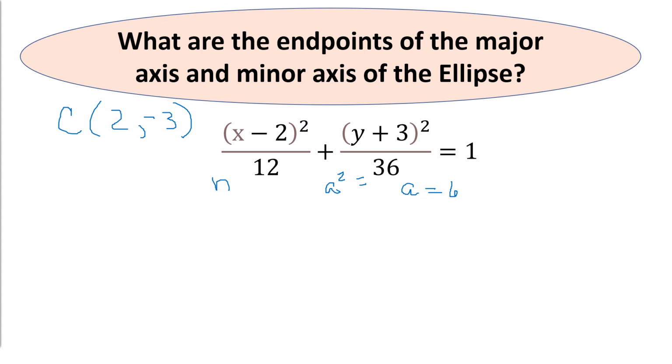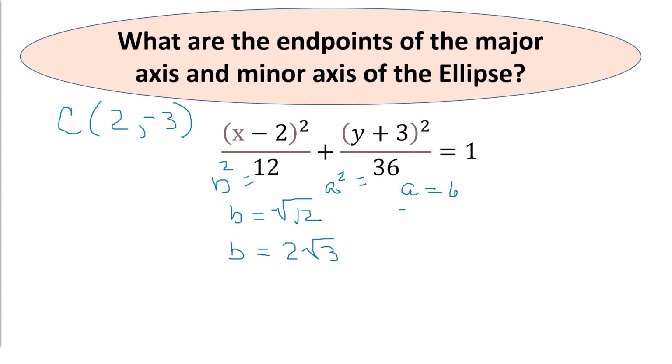B squared, B always goes with the smaller number. So B is equal to the square root of 12. And if I simplify that out, 2 times 2 is 4 times 3. We can pull out a 2. B is equal to 2 square roots of 3.